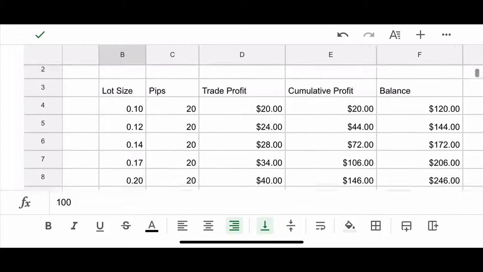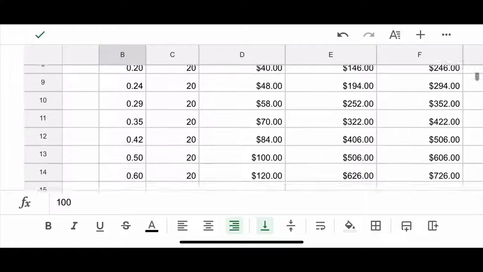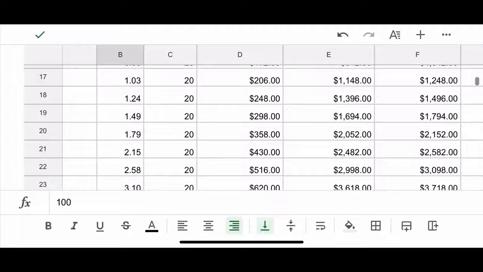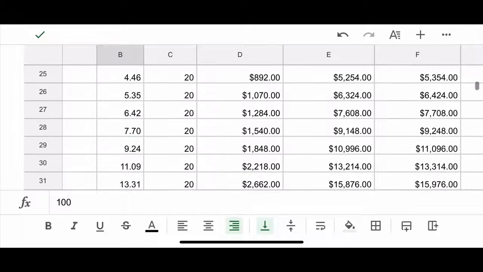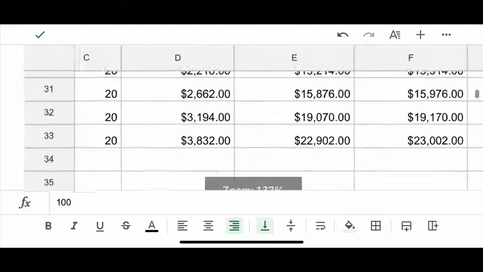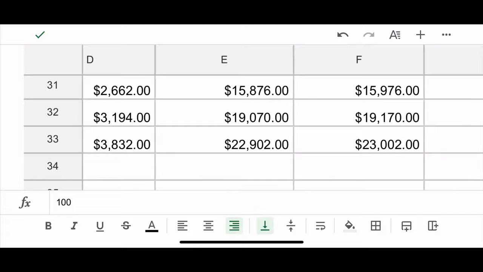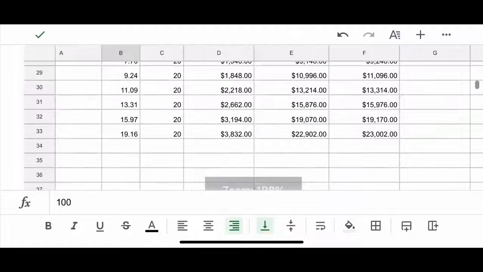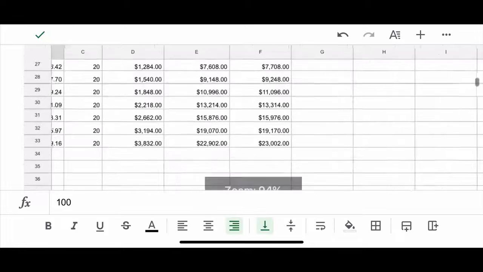If you were to continue this successfully for 30 trades, okay, look at the growth that takes place. All the way down to, on your 30th trade, $23,000 you can make by just compounding 20 pips per trade. Okay, so that is powerful.